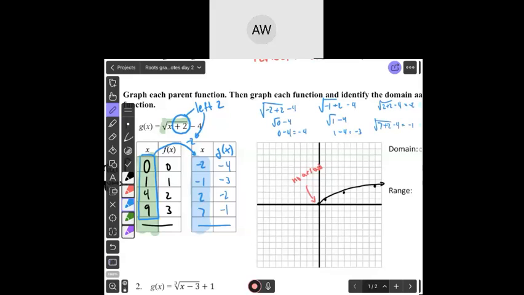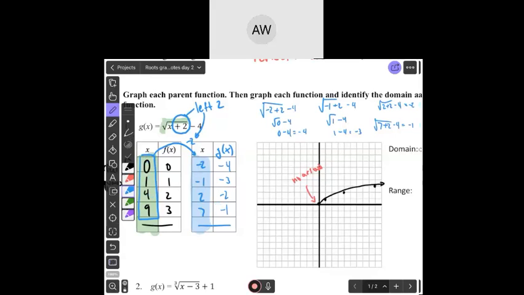Okay? So you're going to figure this column out by shifting this column. You're going to figure this column out by just plugging these numbers in, the same way you've always found y values, by plugging in x values.